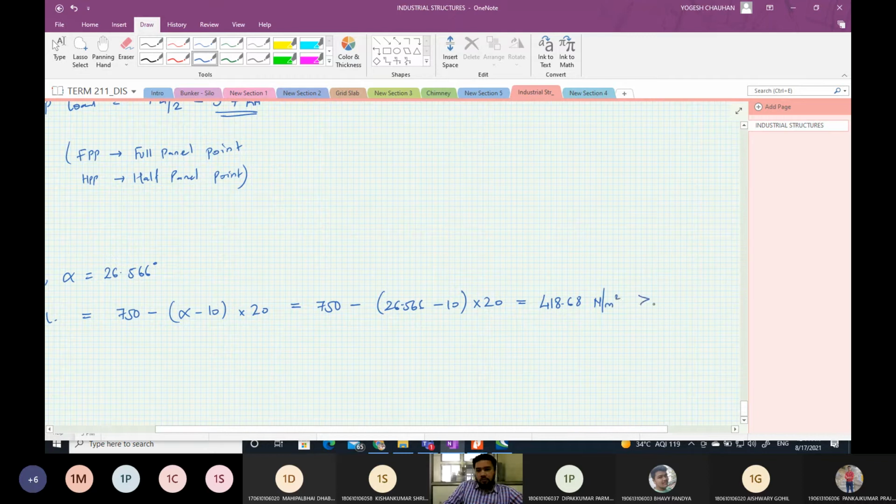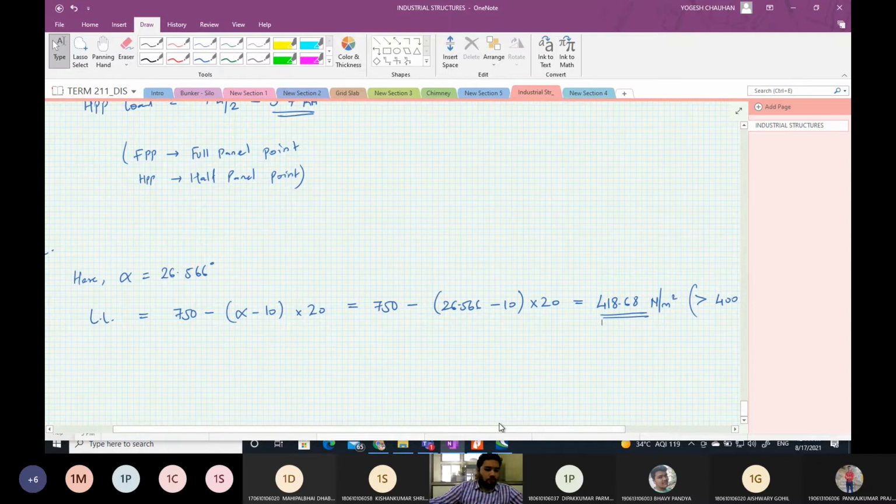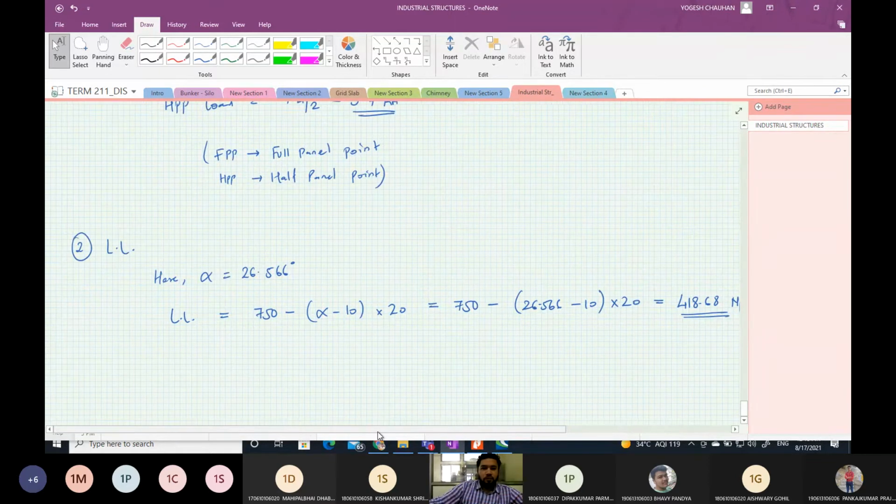Again, this is more than 400 Newton per meter square, so we'll consider this value. So we can find the load on each panel point.